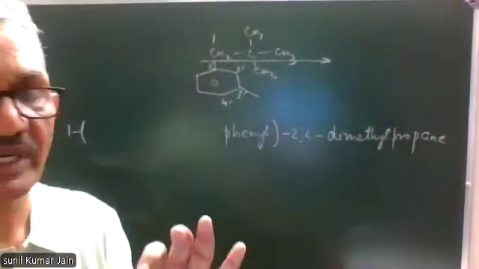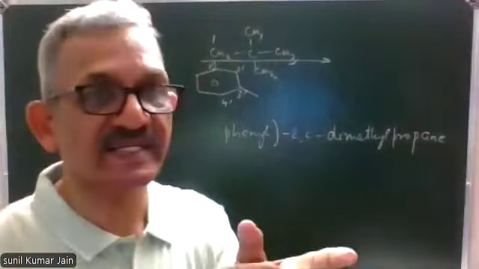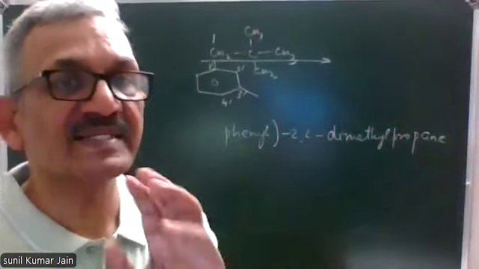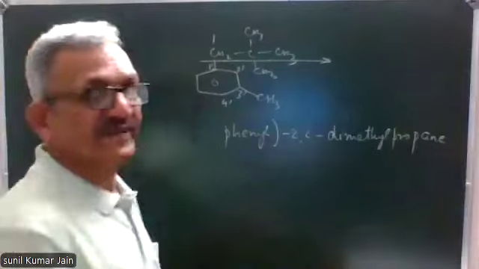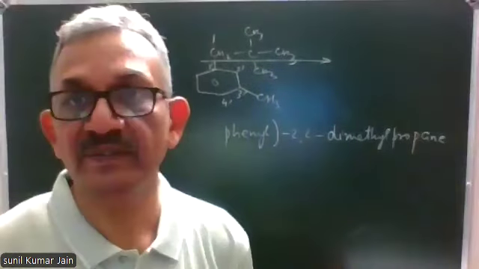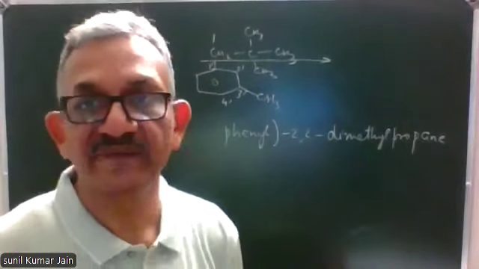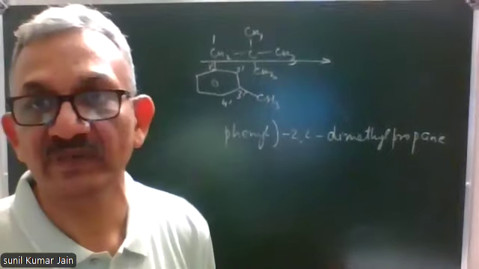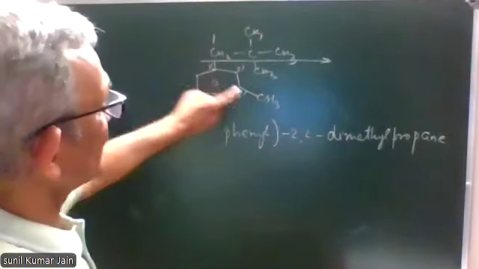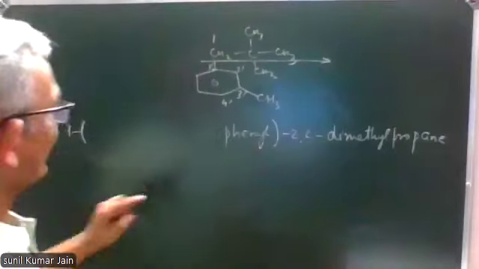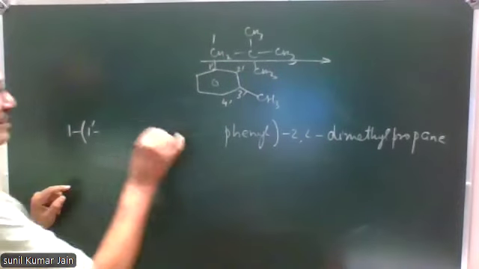At carbon number 3 dash, CH2Cl is attached. Let us say it is CH3. If it is CH3, then I'll say this is 1 dash methyl phenyl.